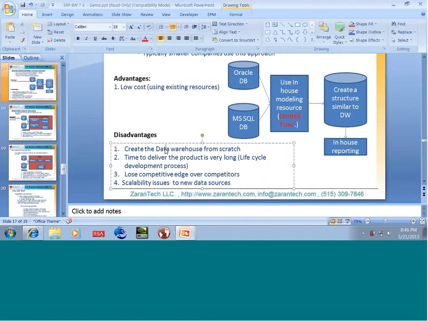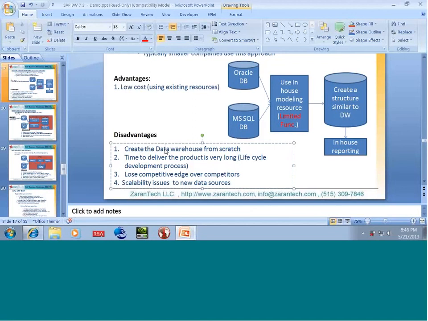It has to spend a lot of time and resources to create this data warehouse. Nothing is given to them. They have to just look at the source data, which is Oracle database and Microsoft SQL, and come up with all the functionality, let it be modeling, ETL processing, or reporting. They have to come up with everything from scratch. This is a very time consuming process.